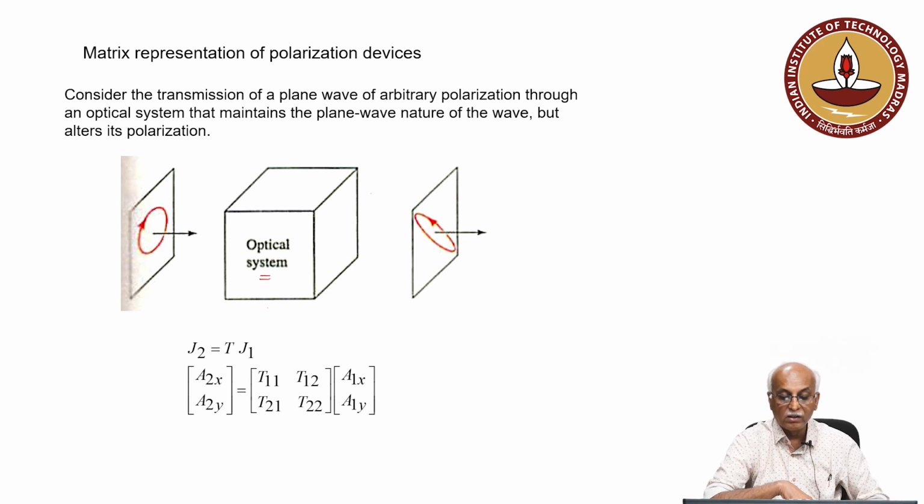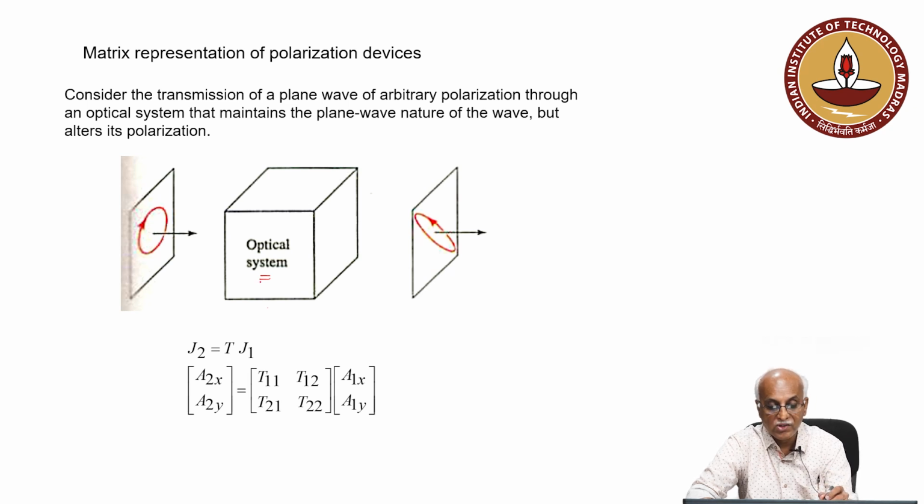If the optical material is such that it is uniform, homogeneous and isotropic, that means refractive index in any of the directions is going to be the same, then when the electromagnetic wave propagates through this optical system, if it is circularly polarized light, it will remain circularly polarized light, because the electrical field oscillating in the y plane and the electrical field oscillating in the x plane will both observe the same refractive index.